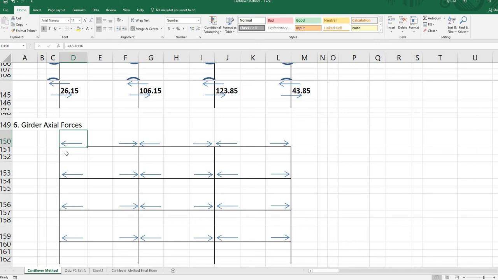So tatandaan ninyo na ang physics always applies to everything. Summation forces equal to 0, summation moment equal to 0.